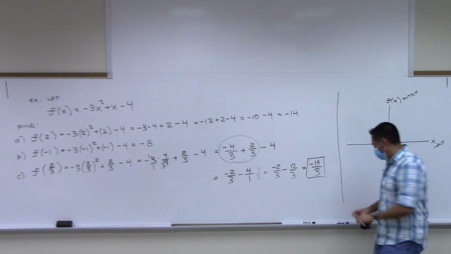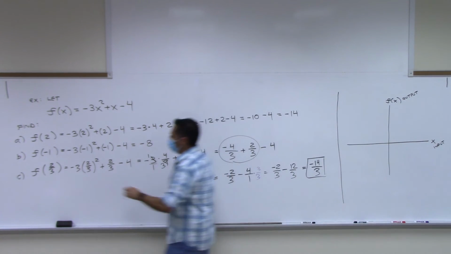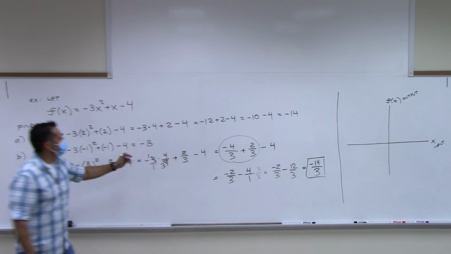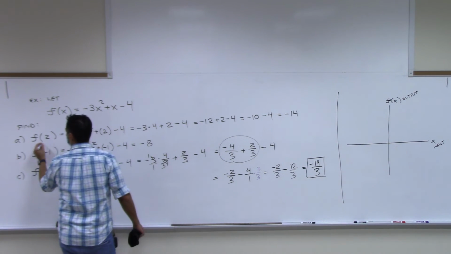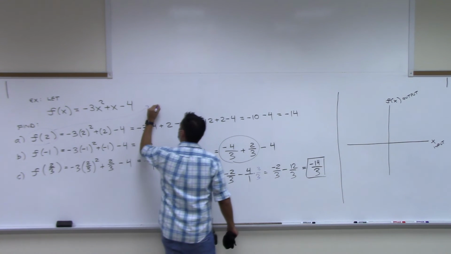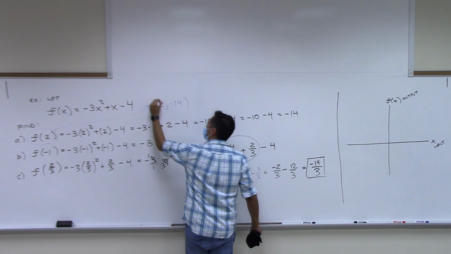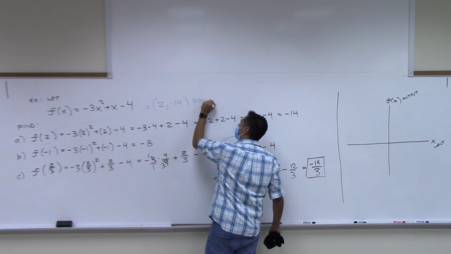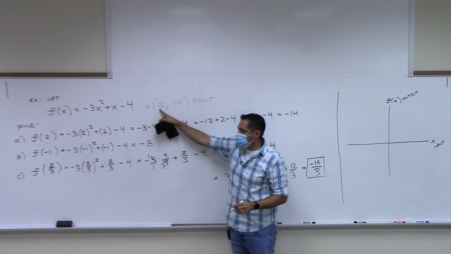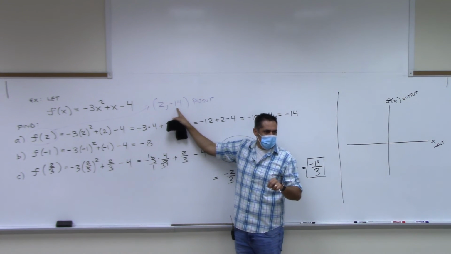So let's look at this first input. We plugged in 2, and we got negative 14, right? So the way I'm going to look at this first part is that when I plugged in 2 for x, the output was negative 14. I'm going to look at this as a point on the graph, okay? The input and the output, right? The x and the y, if you want to say y.